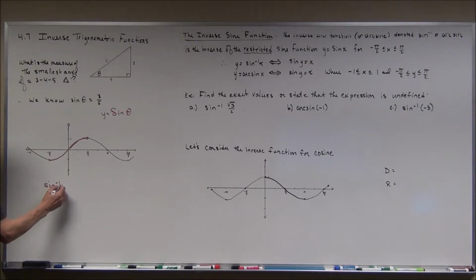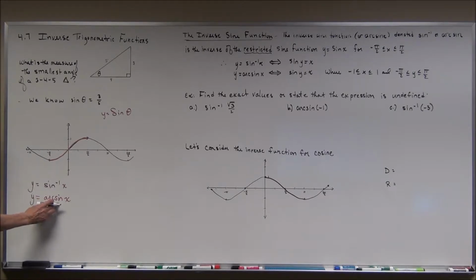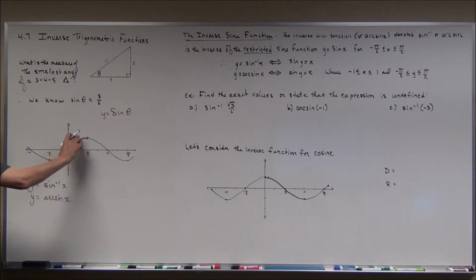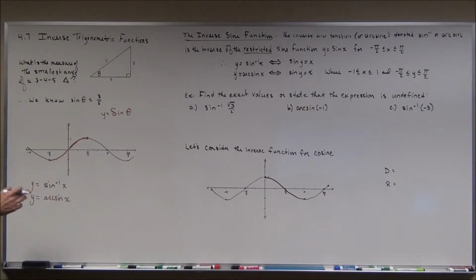I'm going to write something like this, where y is equal to the inverse sine of x. This is the notation. A little bit more old school is the notation where they put the word arc in front of the abbreviation of sine. And it means the same thing. It's based on this function right here. Now what happens is the domain and the range get switched.